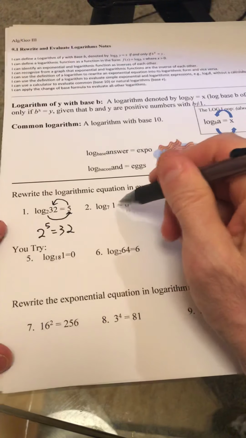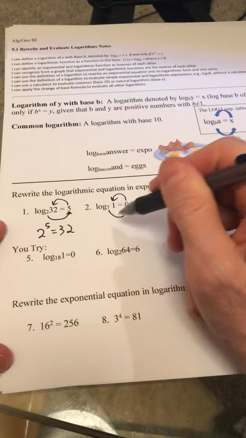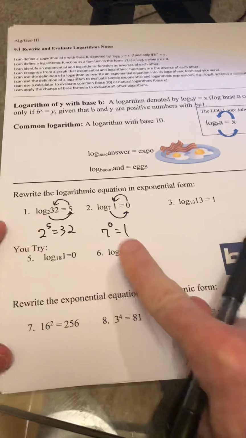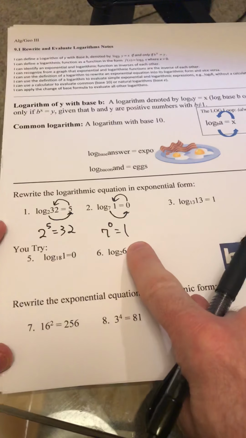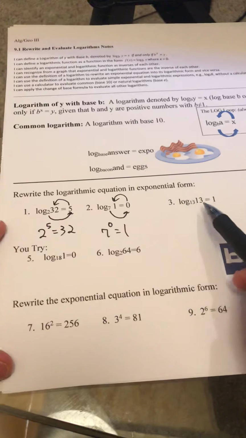Again, log base 7 of 1 equals 0. We're going to loop from our base 7 to the 0 equals 1. If you remember, anything to the 0 power is 1. If you have done these questions correctly, you will get a mathematical statement that is actually correct.